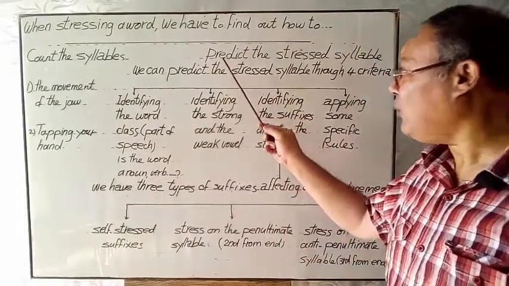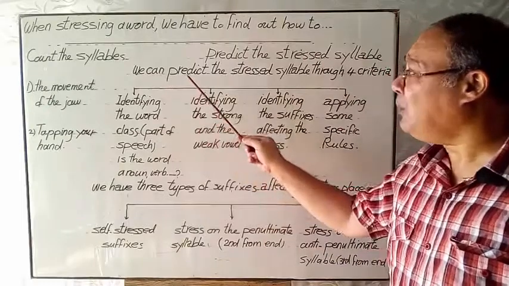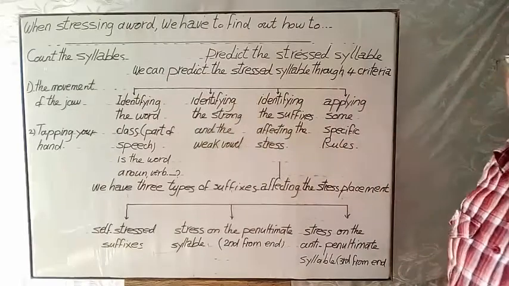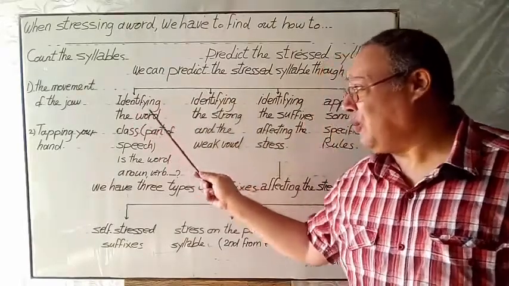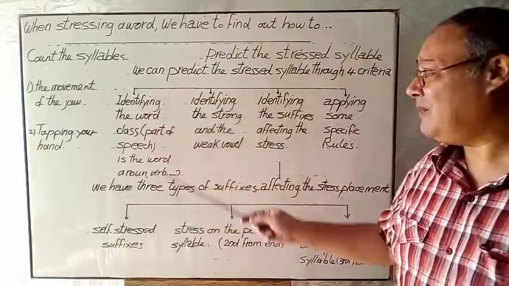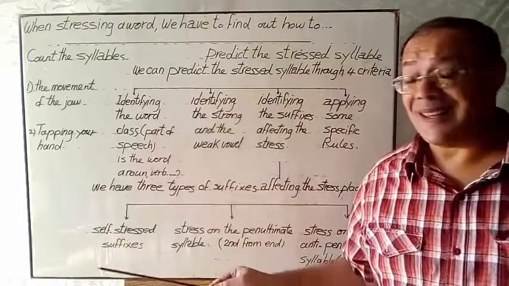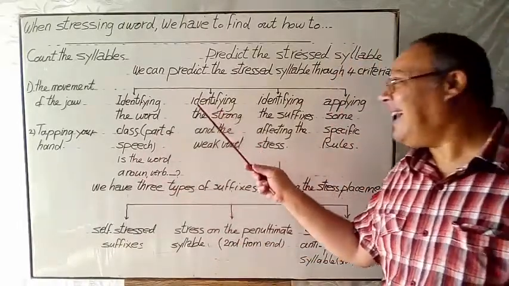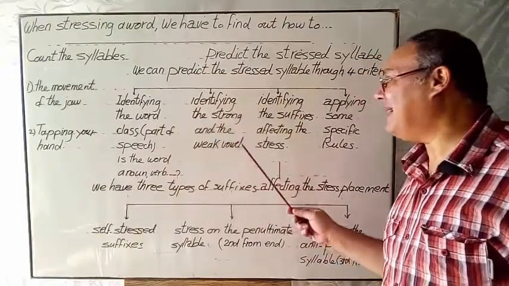As for how to predict the stressed syllable, we can predict it through 4 criteria. 1. Identify the word class, meaning part of speech: is the word a noun or verb? 2. Identifying the strong and the weak vowel.